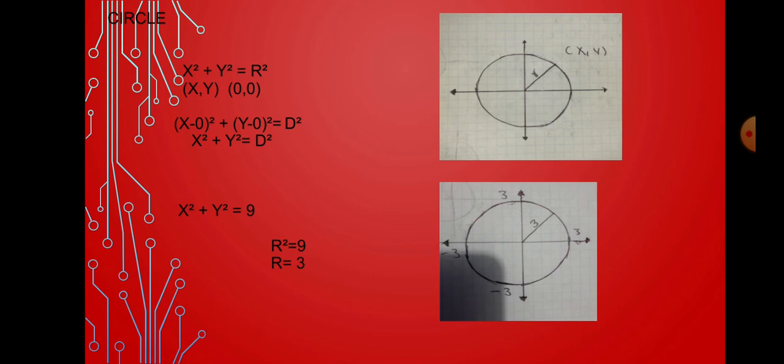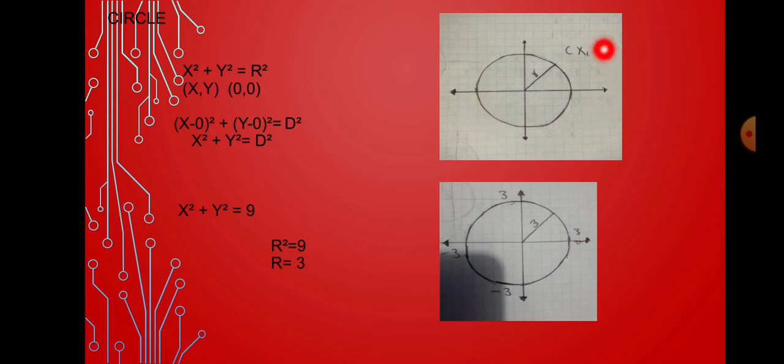And this can be seen this way. Let's say that here I have my x. So I am going to draw the circle.